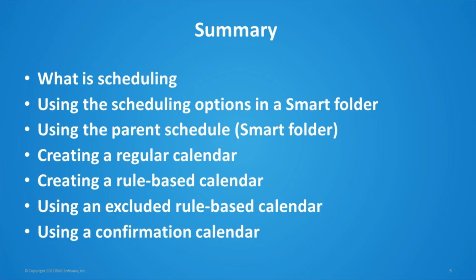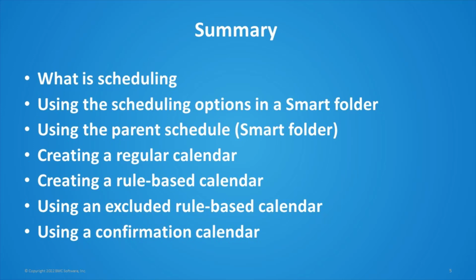Now let's look at what we went over. We discussed what is scheduling. Remember, using a User Daily or New Day to automatically have a job or folder placed on the AJF based on the criteria defined in the job or the folder. We talked about when using a smart folder, the jobs in the smart folder can use the same scheduling criteria as a smart folder by using the parent schedule option. We created a regular calendar using specific dates and copied the data to the next year and verified that it was correct.